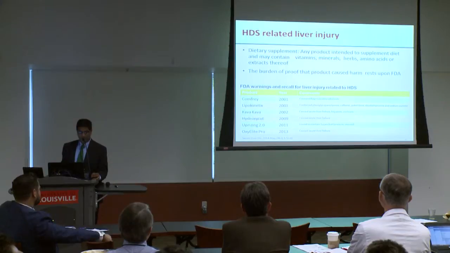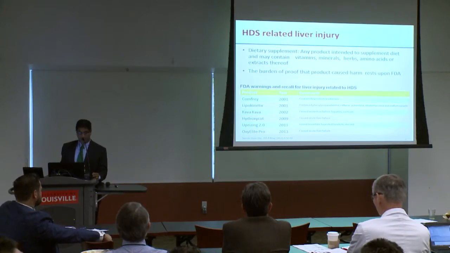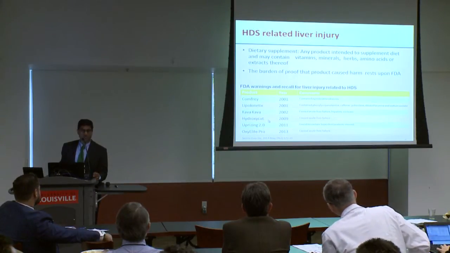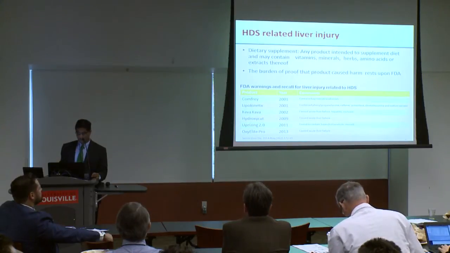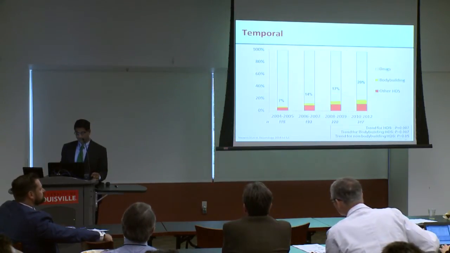The most recent was OxyElite Pro, a rash of cases from Hawaii resulting in acute liver failure, all of them related to taking this OxyElite Pro. And it was CDC that first published and raised concern with regard to that. And there is Hydroxycut, that was the weight loss supplement that was recalled. It's back again in the market with a different formulation.